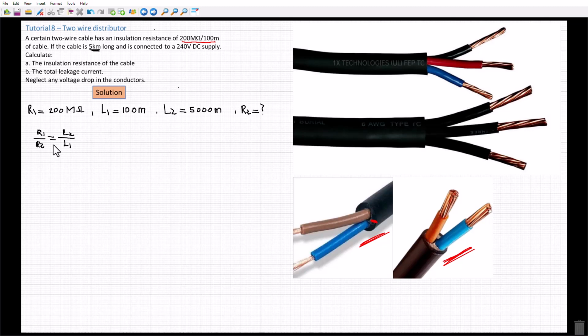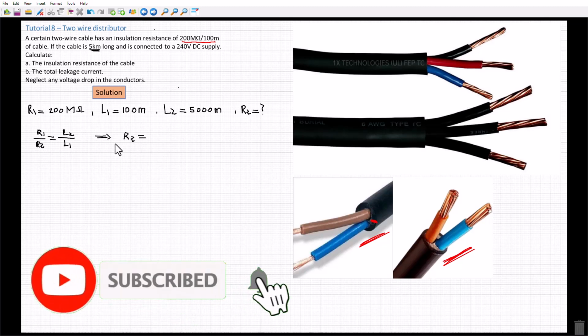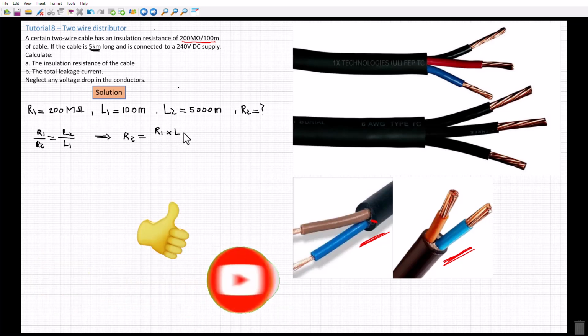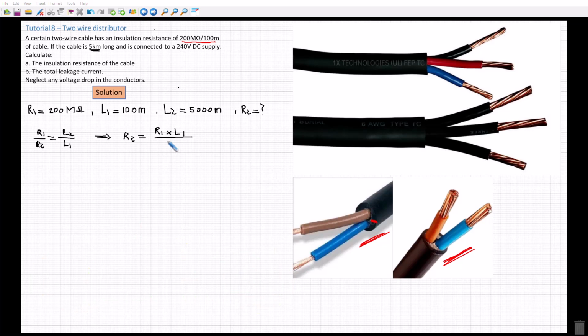From here, we make R2 the subject of the formula, because R2 is what we are after. So R2 is equal to R1 times L1 divided by L2. Now all you have to do is replace with the values that you have.